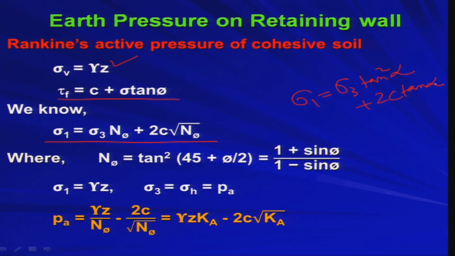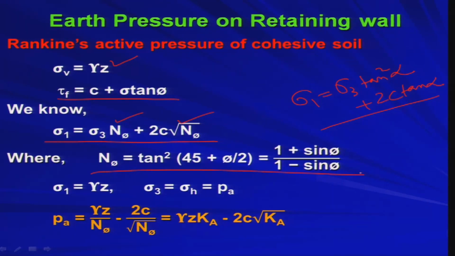So, n phi is nothing but tan square of 45 plus phi by 2, which is nothing but 1 plus sin phi by 1 minus sin phi. So, instead of tan square alpha, I am writing n phi, and instead of tan alpha, I am writing root over n phi, where n phi is given by this expression. Already we have discussed enough on this expression.